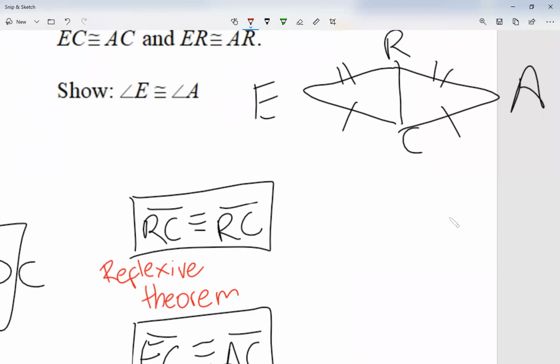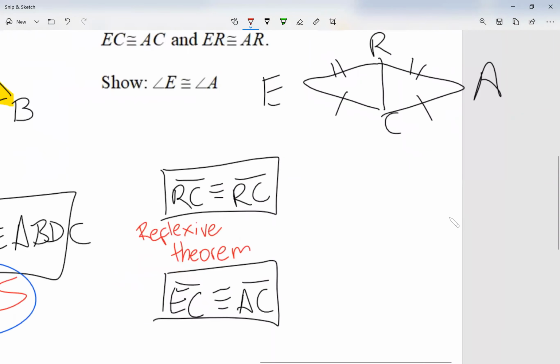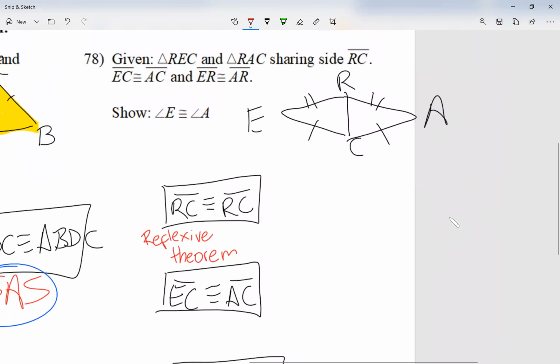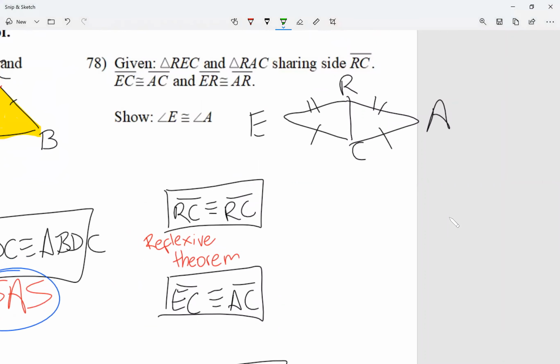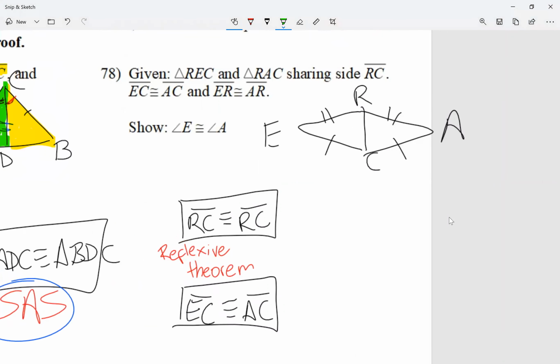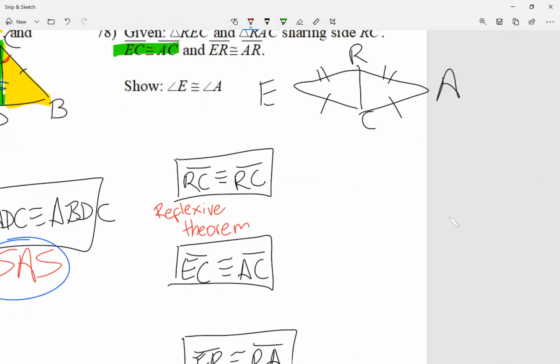Okay. Now the next statement is EC, the side EC is congruent to AC. I've seen that before. EC is congruent to side AC. All this is given. Okay, so let me write given. Now notice my first letter always is capital.